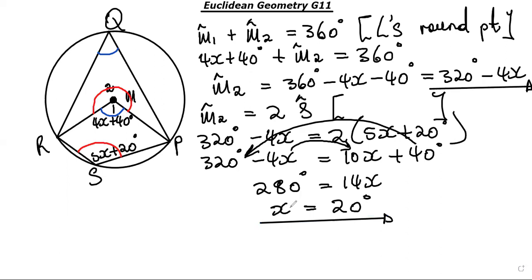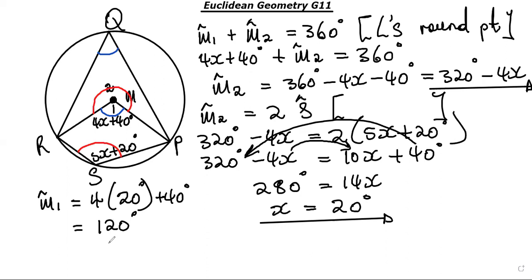So now that you know the value of x, you can go ahead and say, it means the size of angle M1 will just be 4 into 20 degrees, and then you say plus 40 degrees. The bracket is supposed to be there. Yes, sorry about that. So when you say 4 times 20, you get 80 degrees plus 40, you get 120 degrees.